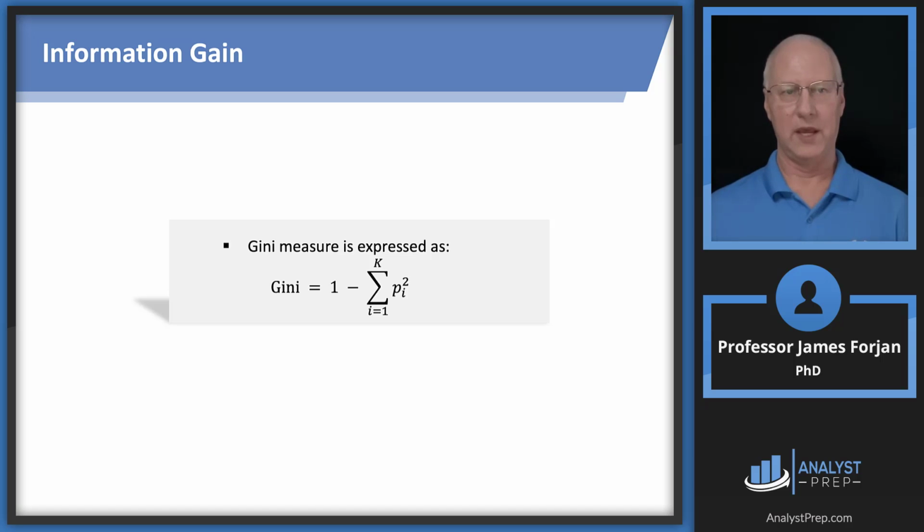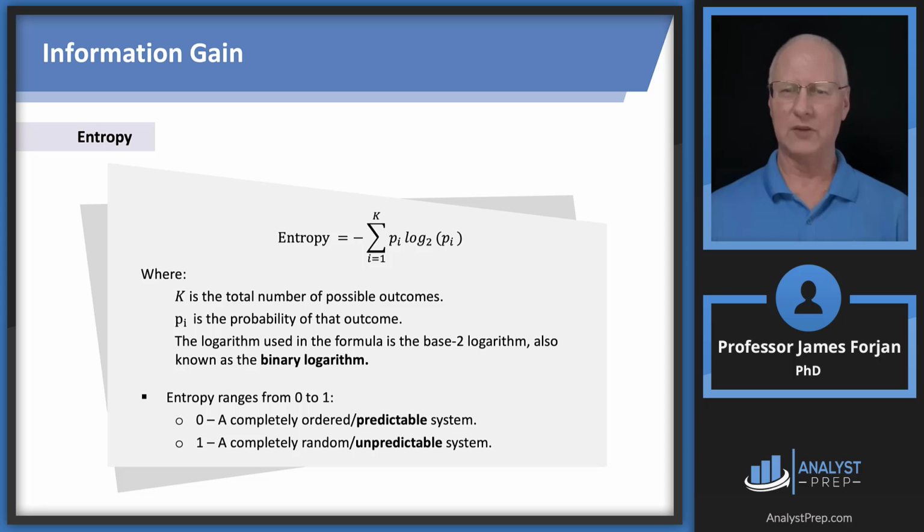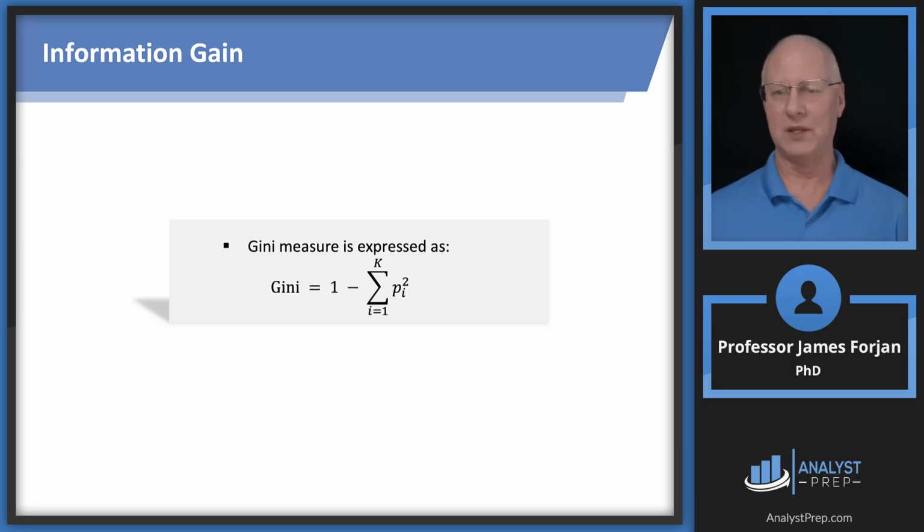Here is the Gini coefficient. So this is 1 minus the sum of those probabilities squared. If you just take a look at these two things, we're summing, and there's the log base 2, and there's probabilities. Here, there's probability squared.